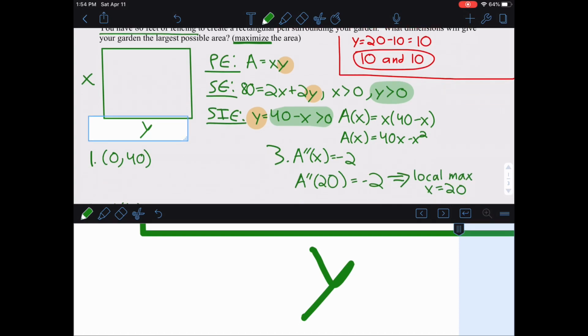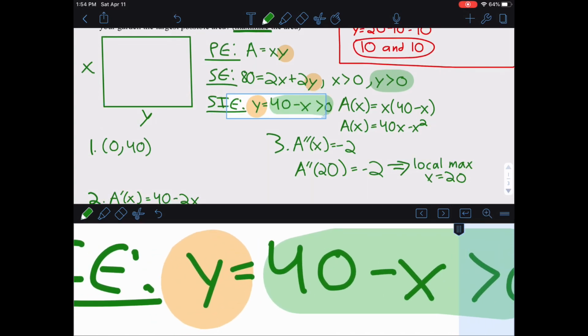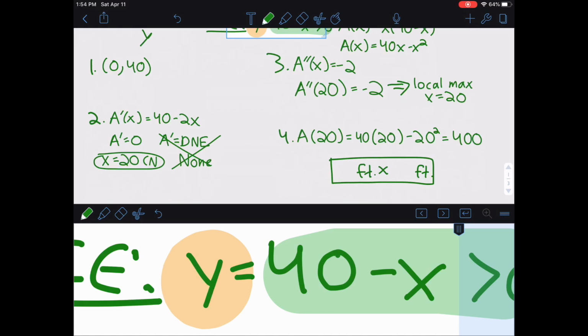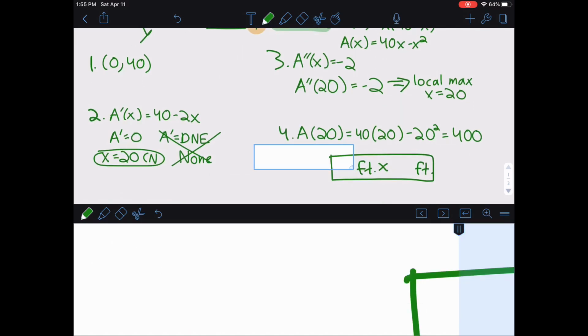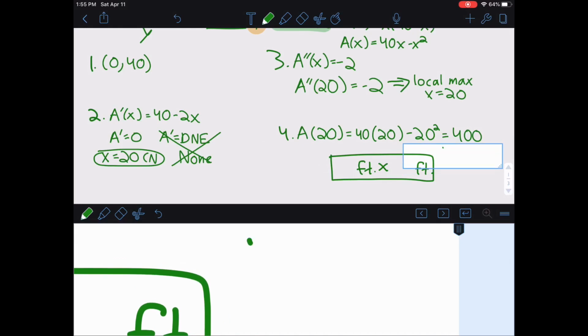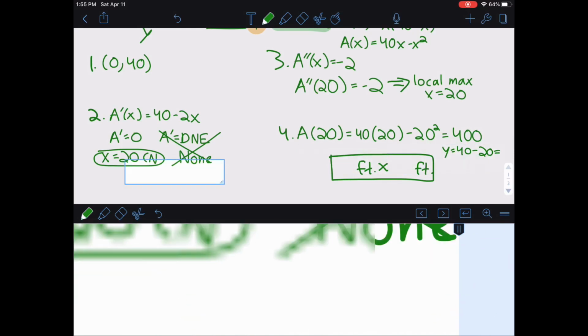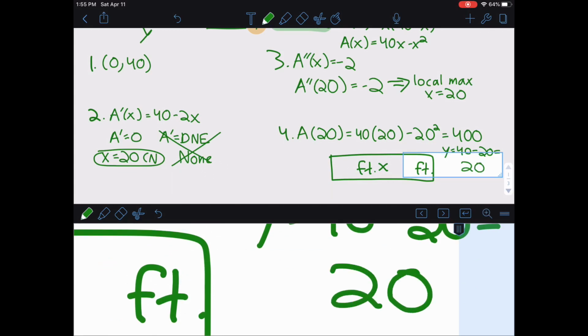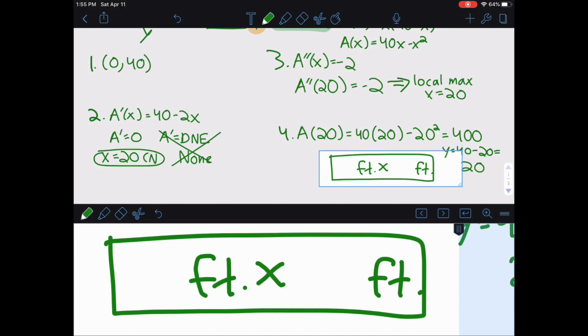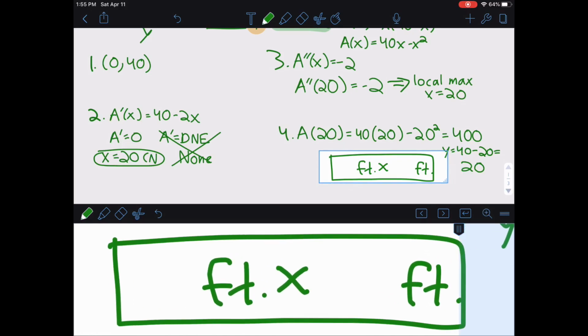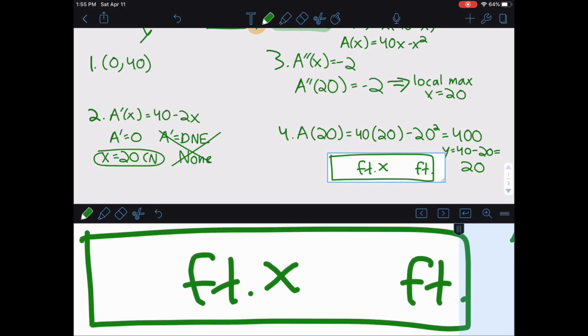So we already know what x is, and just like last time, we've already solved for y. y equals 40 minus x, so 40 minus 20 is 20. So that's going to be the y value. And now the last thing I'm going to do is answer the question with units. This is another thing in optimization questions we have to look out for.